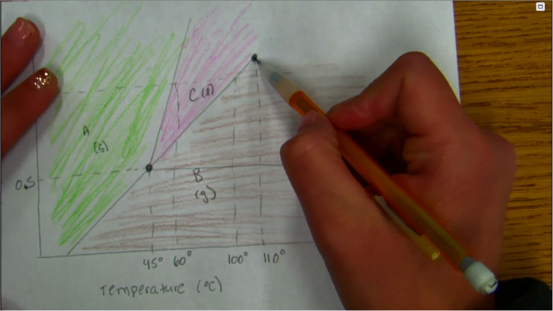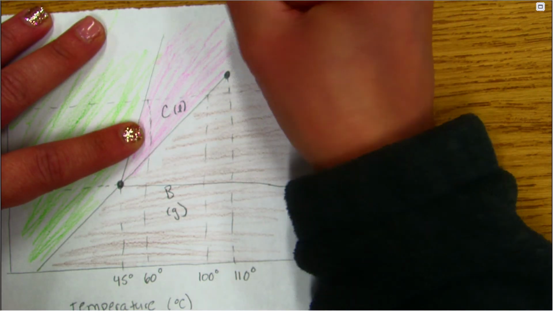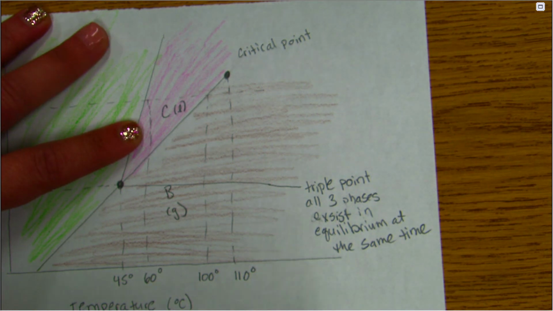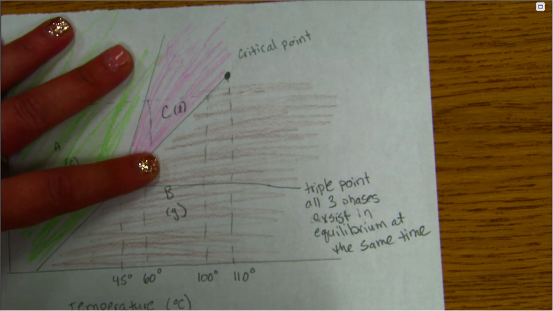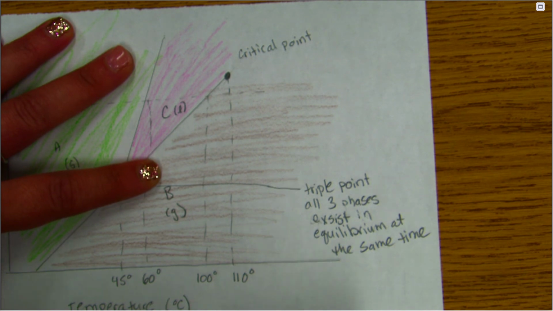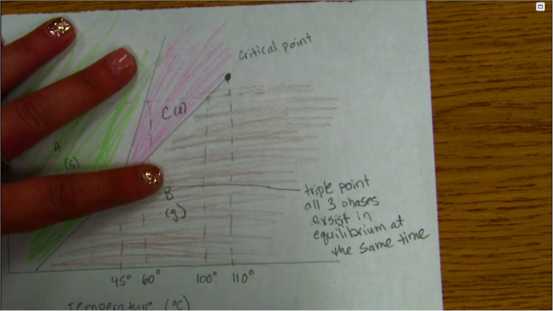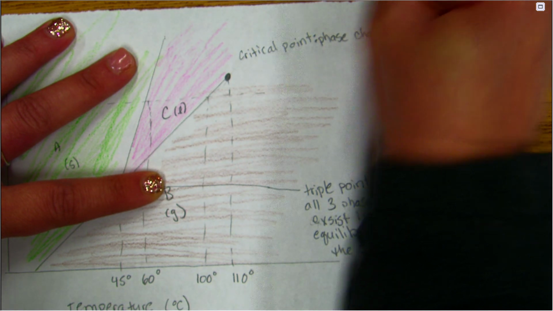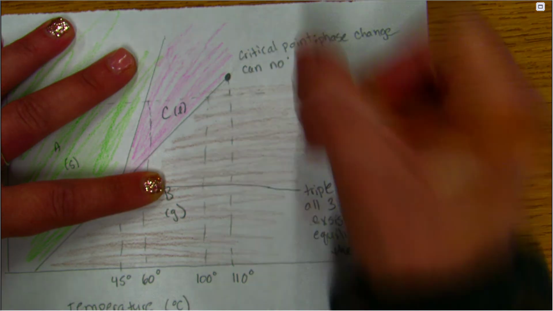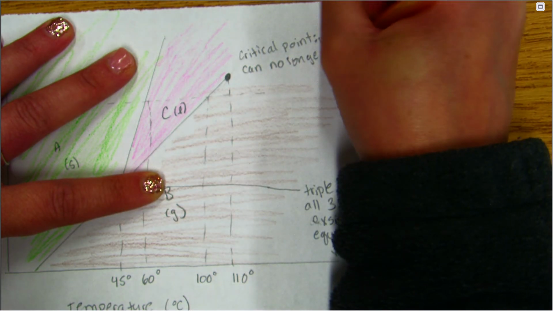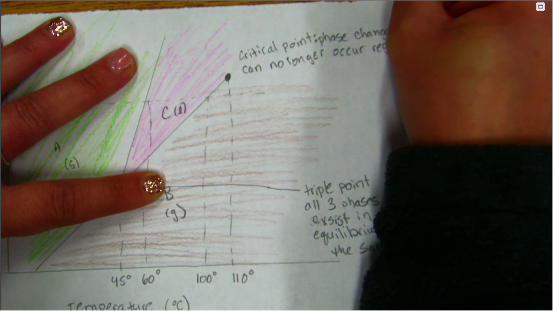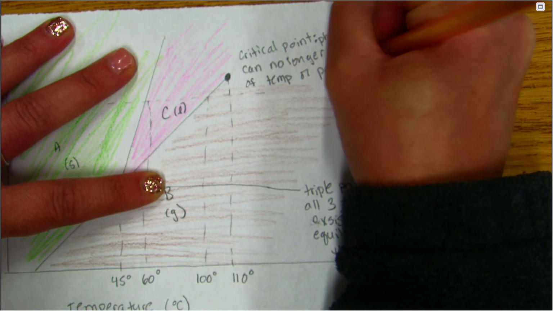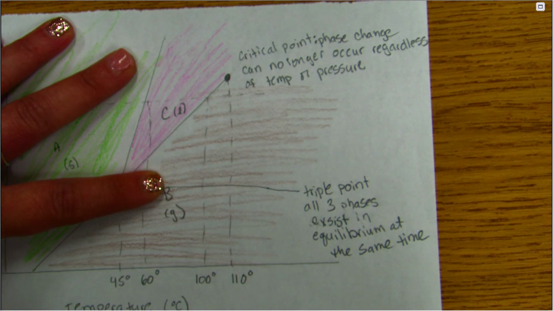This point right here, we call this the critical point. And the critical point is the point at which a phase change can no longer occur regardless of temperature or pressure. All right.